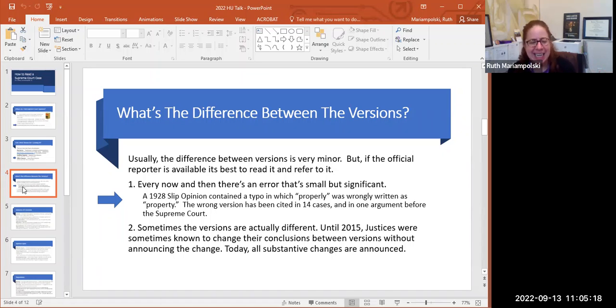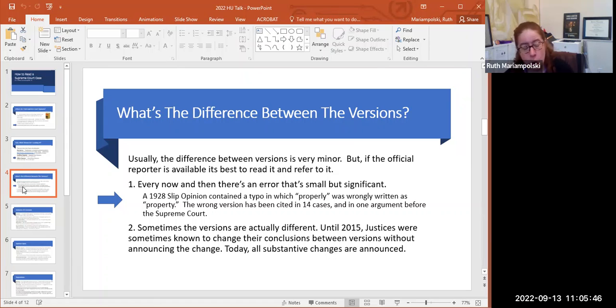I've highlighted here a 1928 slip opinion that contained a typo in which "properly" was wrongly written as "property." The wrong version has been cited in 14 cases, and most embarrassingly, in an argument before the Supreme Court. So obviously you guys are not in a position to be embarrassed by situations like that, but you can see that errors creep in when you refer to the slip opinion.